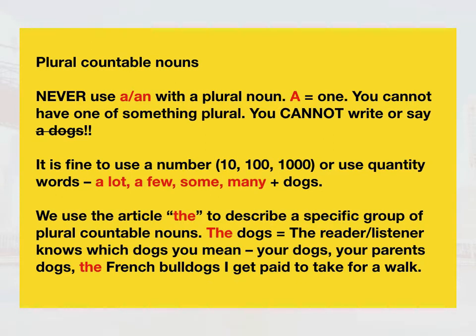We use the article the to describe a specific group of plural countable nouns. The dogs. The reader or listener knows which dogs you mean. Your dogs, your parents' dogs, the French bulldogs I get paid to take for a walk.